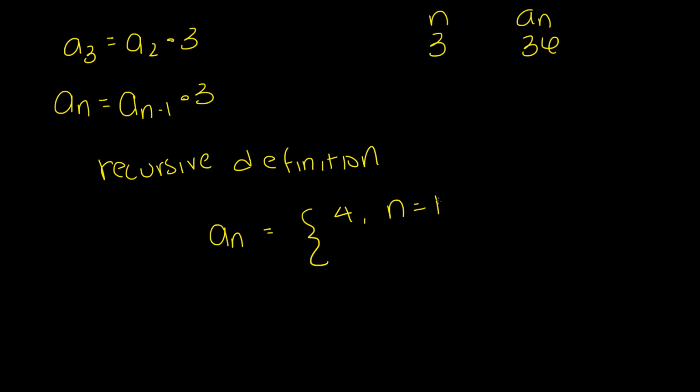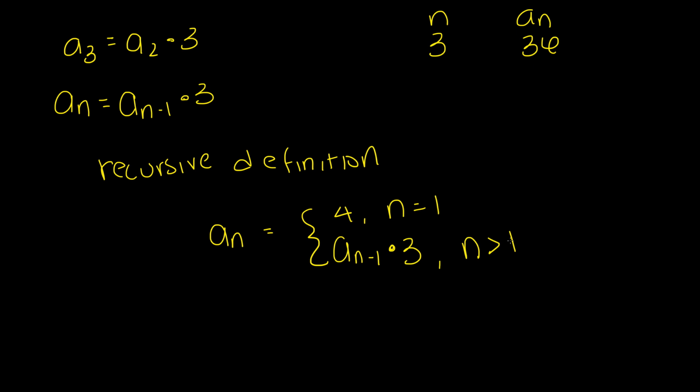This starts off our count, because we don't know any data values before 1. We can't assume that a sub 0 is a certain value. We're starting our term values at n equals 1, and we know that from the data points. Then it's a sub n minus 1 times 3 for n greater than 1.